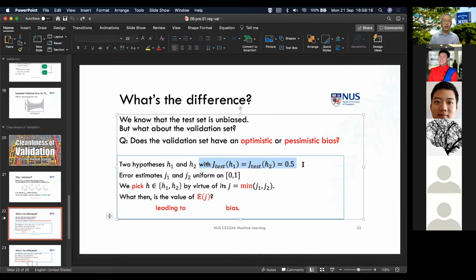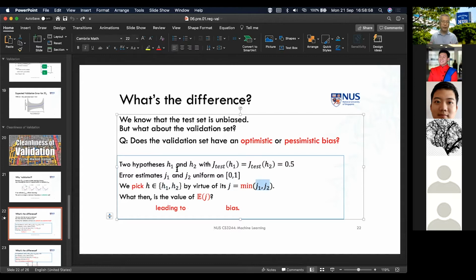Now, we use validation to pick H1, by training on some part of the data, and we use another part of the data to engineer H2. We are going to pick one of these. Which one am I going to pick? Well, I'm going to pick it easily by basing it on its error. Whichever of these error values is lower is the classifier, or the parameter value, or the regularization value, whatever.